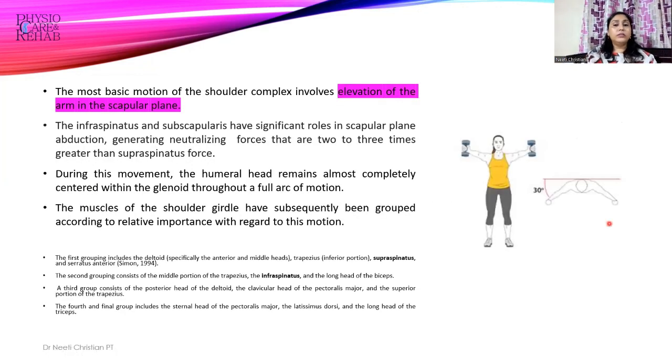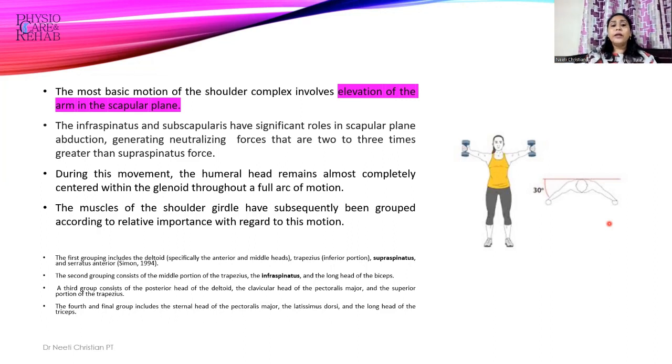The other kind of movement, the most basic motion of the shoulder complex, involves elevation of the arm in the scapular plane. It is also called the scaption plane. Here the infraspinatus and subscapularis have a significant role in scapular plane abduction movement. They generate neutralizing forces that are 2 to 3 times greater than the supraspinatus force.